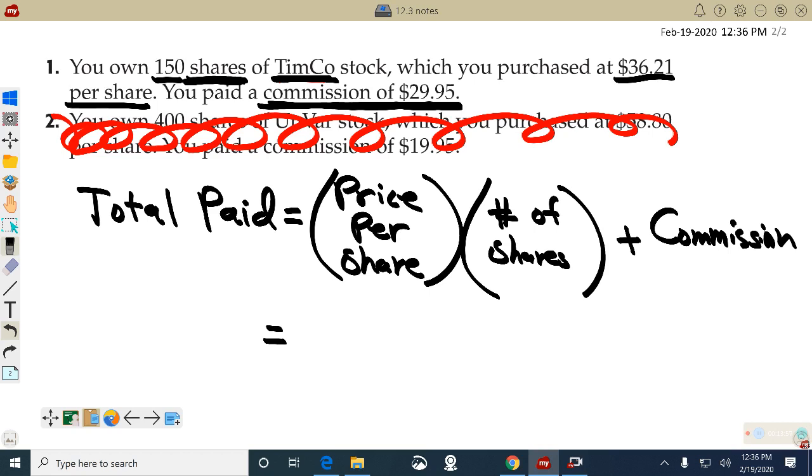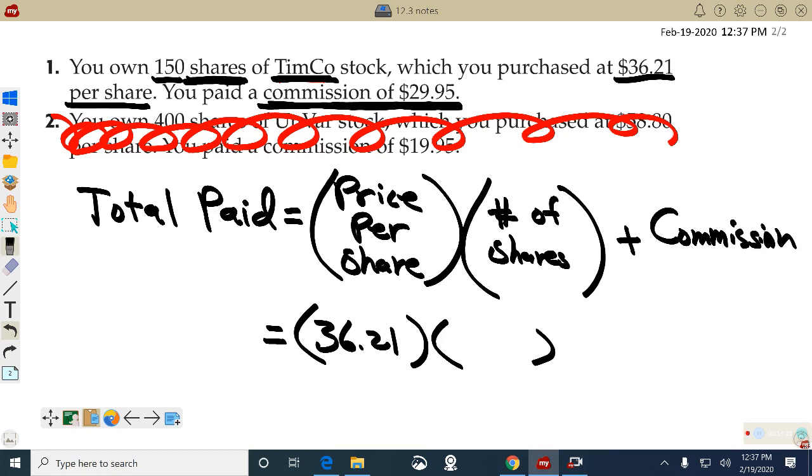Right, Castro? Price for one share of the company is $36.21. Right, Pimentel? How many shares am I buying, Pimentel?